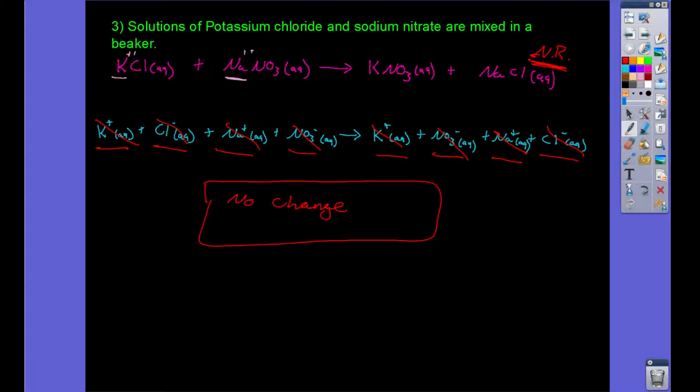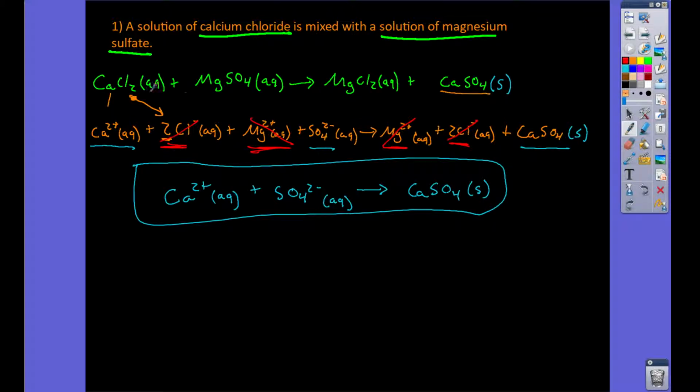All right. One point that I want to make that I did gloss over before: for the first two reactions here, I skipped over the balancing part. We notice here that if we counted everything out, there would be an equal number of everything on each side of the equation. So really this should be 1 CaCl2 plus 1 MgSO4 gives us 1 MgCl2 and 1 CaSO4.